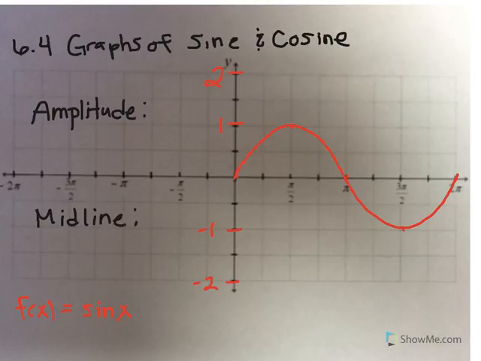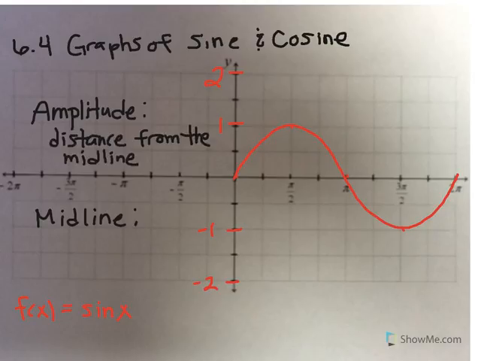And you may have heard of amplitude before in physics or in another science class. Amplitude happens to be a very simple idea that describes the distance from the midline. Well, we can't do anything with amplitude unless we know what midline is. So what is midline?